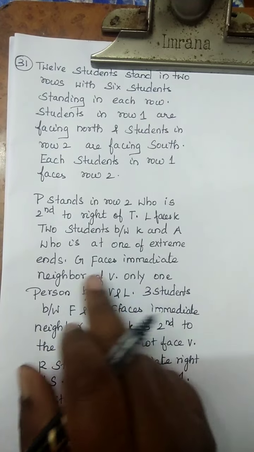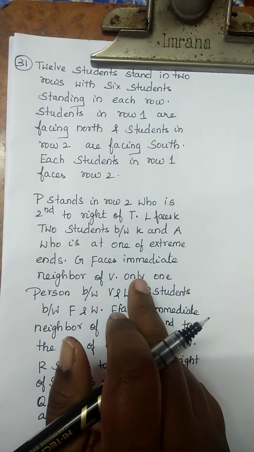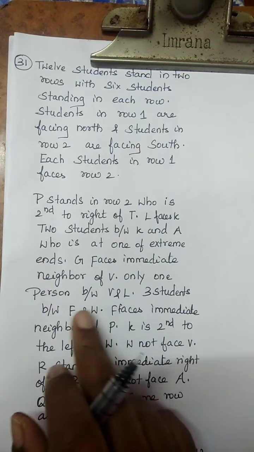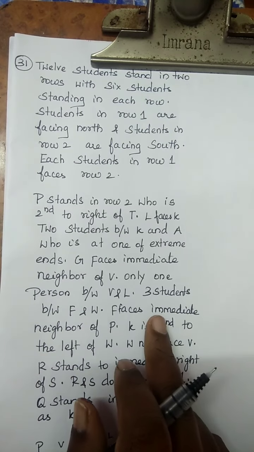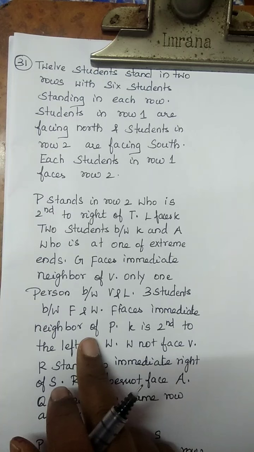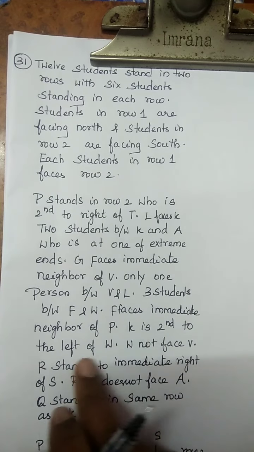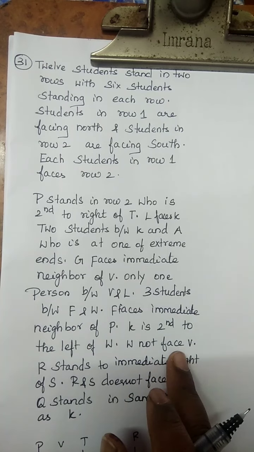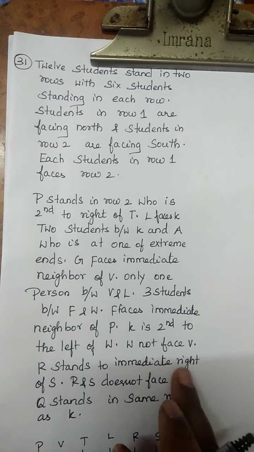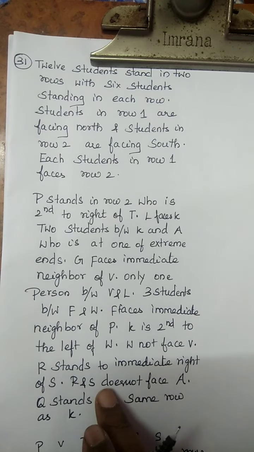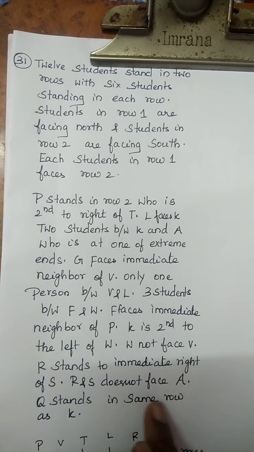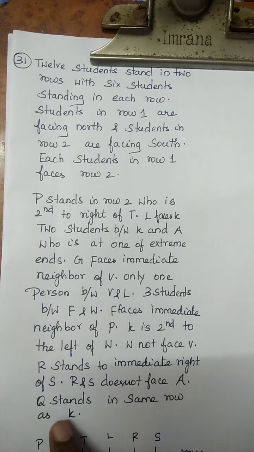G faces immediate neighbor of V and only one person between V and L. 3 students between F and W. F faces immediate neighbor of P. K is second to the left of W. W does not face V. R stands to immediate right of S. R and S do not face A. Q stands in the same row as K.